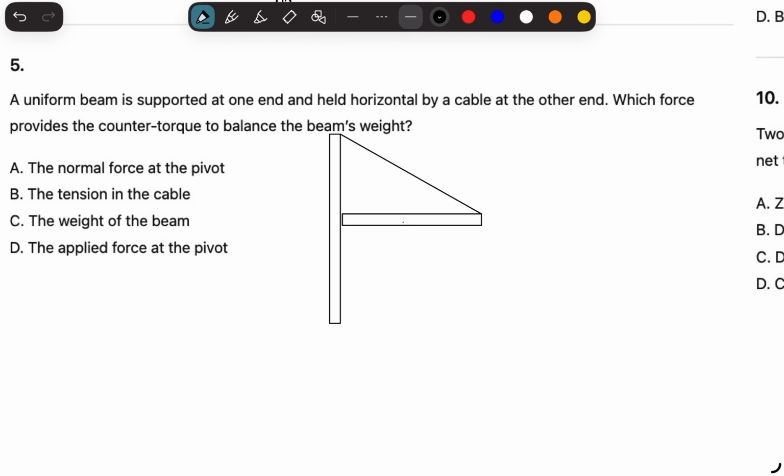So the weight is equal to mg, and it's going to be downward. So this is going to cause a torque. A cable tension is applied at a distance.